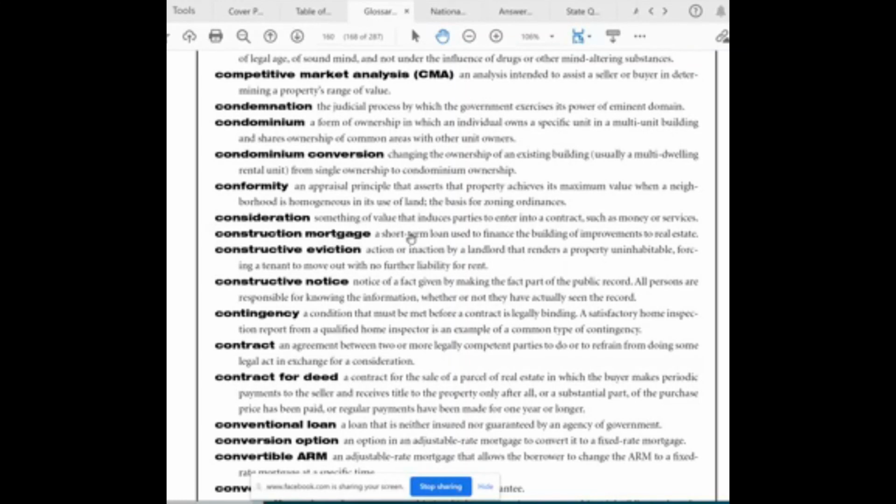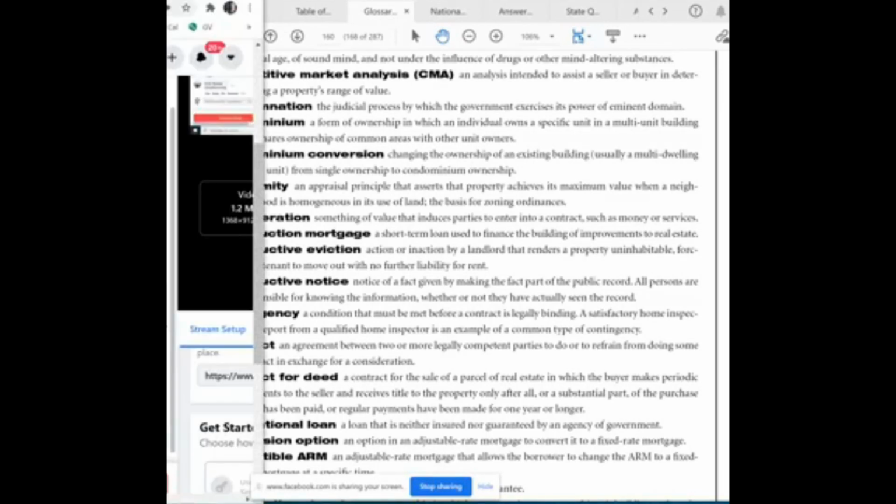Consideration, something of value that induces parties to enter into a contract, such as money or services. So let me ask you, on a purchase and sale contract, is money required to make it a contract? You guys can answer.